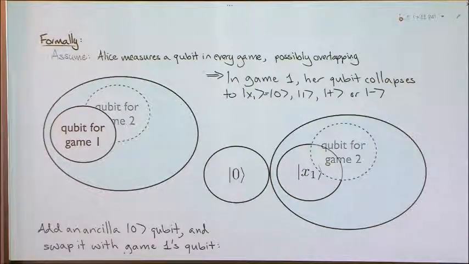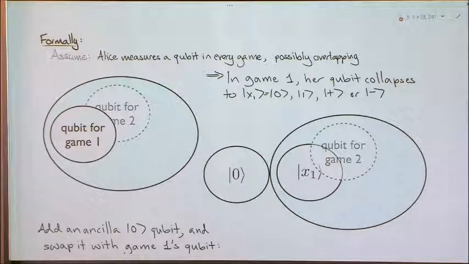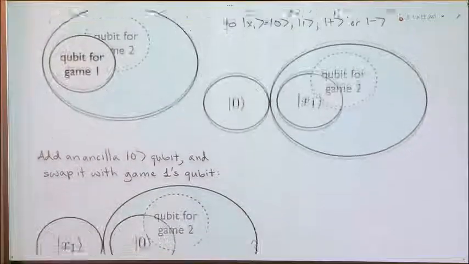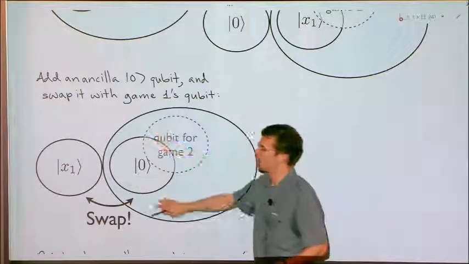And then what I'm going to do is add an ancilla qubit, just a fresh qubit ket 0. This is my isometry, so I'm embedding the space in a higher dimensional space by adding this ket 0. Then I'm going to swap it with the qubit that was used in game 1. Just swap those two positions. And now I'm going to keep on playing the rest of the games 2 through n, on this part of the Hilbert space.